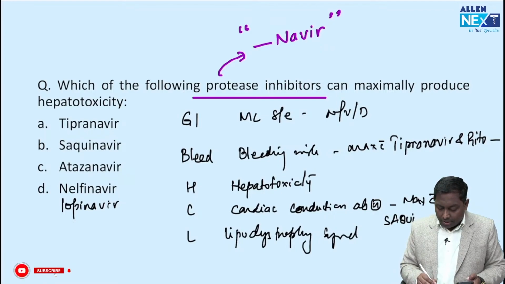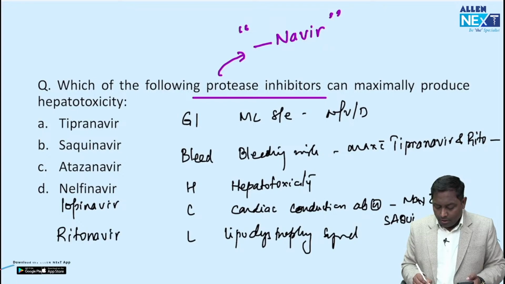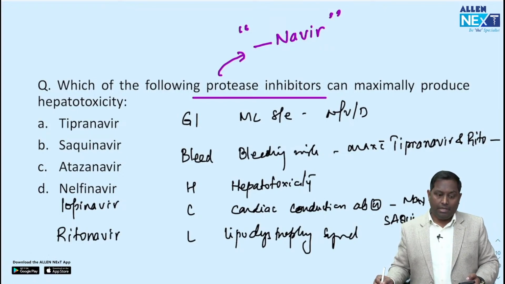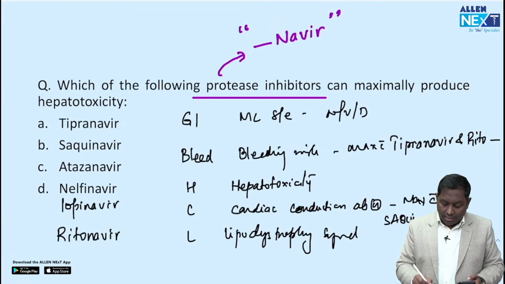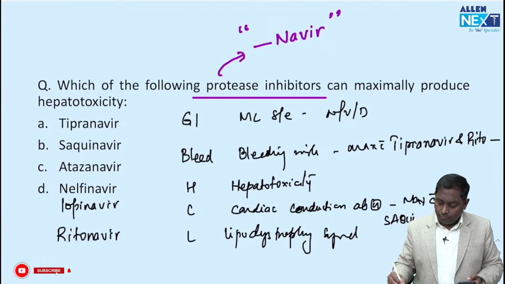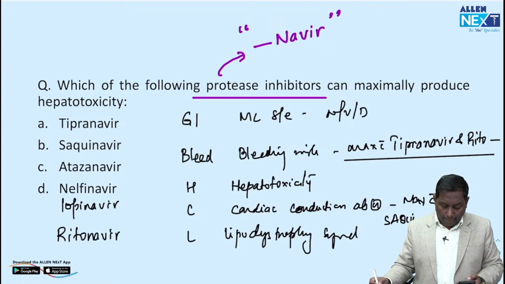Okay, so some of the students are saying that sir, there was ritonavir also. All right, ritonavir is the most potent enzyme inhibitor that we have. And was there tipranavir, ritonavir both?